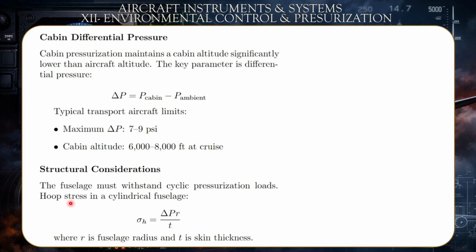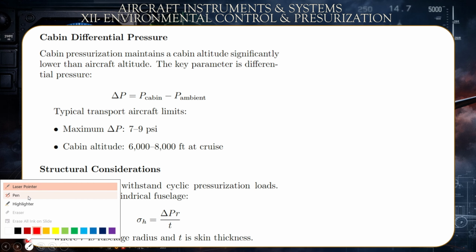So the hoop stress in a cylindrical fuselage is given by sigma_h equal to delta P times R divided by t, where delta P is the difference of pressure between the cabin and the external, multiplied by R, the radius of the fuselage, divided by t, the skin thickness.